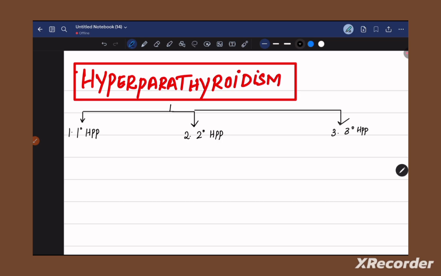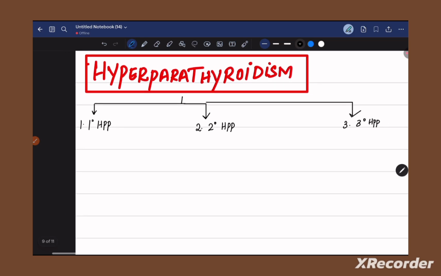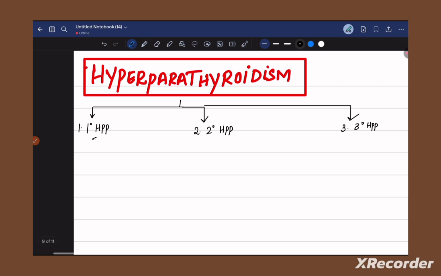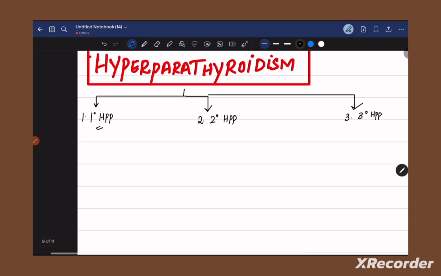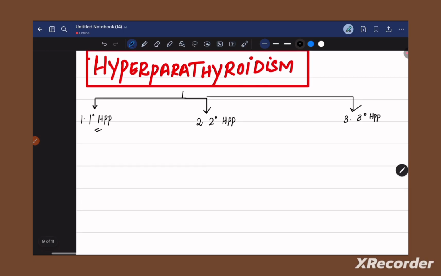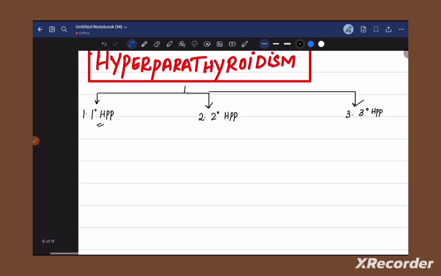Before going deep into this, what is primary, what are its findings, what is the pathophysiology, first we will discuss what happens in hyperparathyroidism. In a nutshell, the parathyroid glands in dogs and cats somehow become hyperactive.